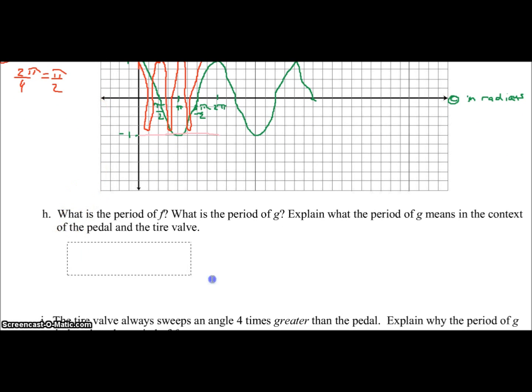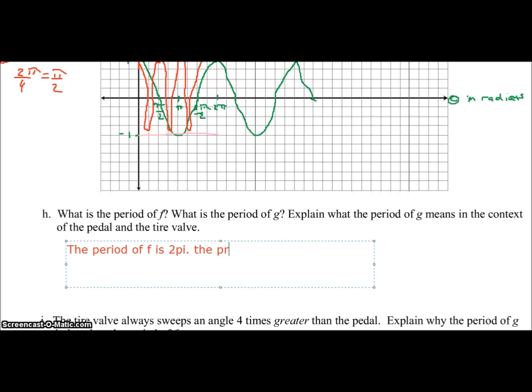The period of f repeats after 2 pi units. The period of g is pi over 2. It repeats after pi over 2 units.